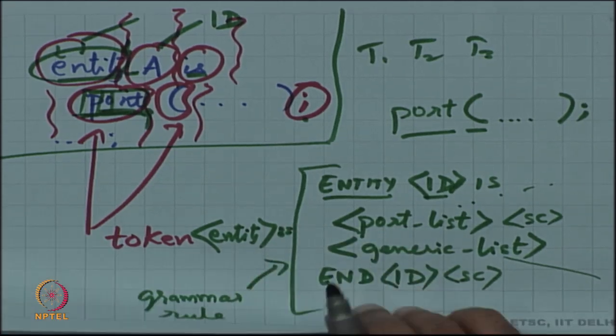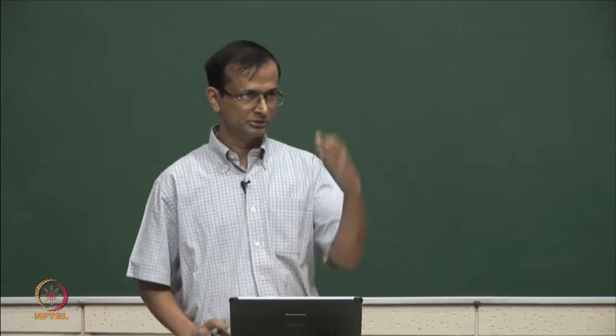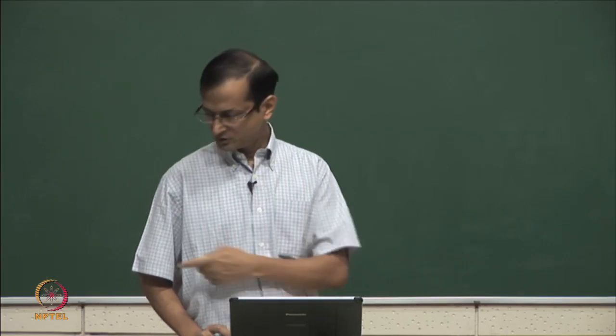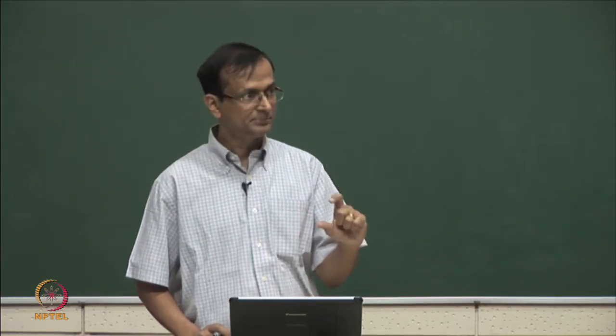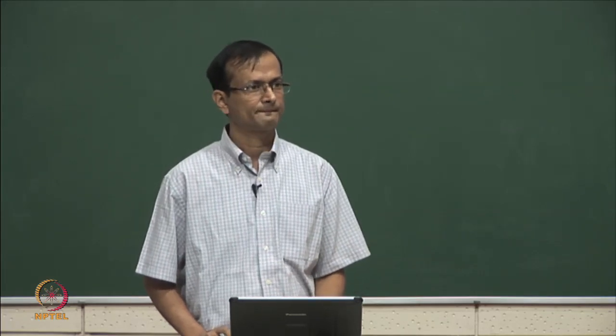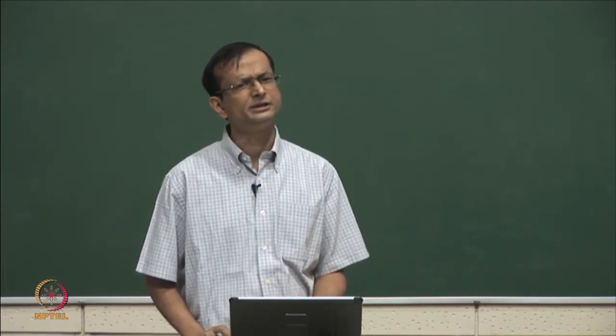Let us say we start off with an overall rule. What does a complete VHDL model consist of? What we just said is just the entity part of it, but your entire design consists of what? In addition to the entity, there is an architecture.